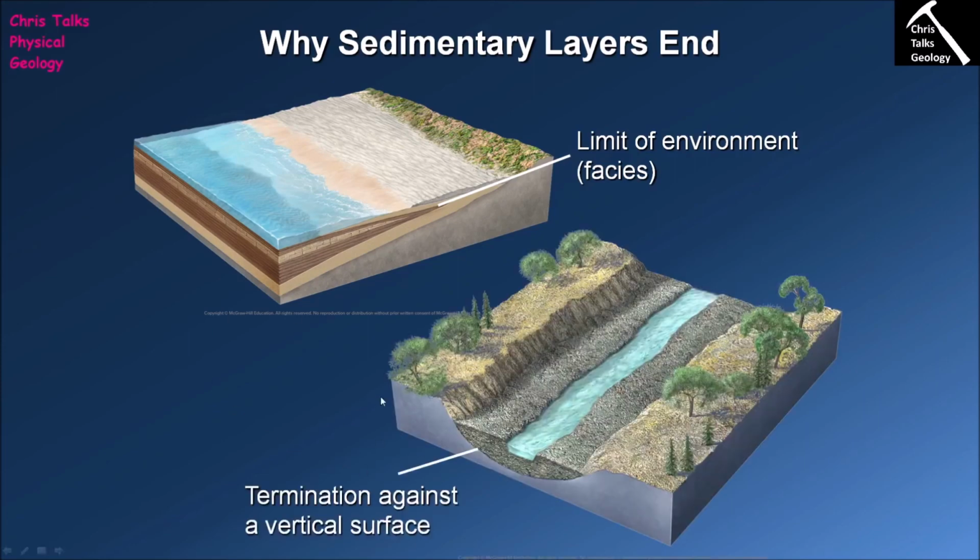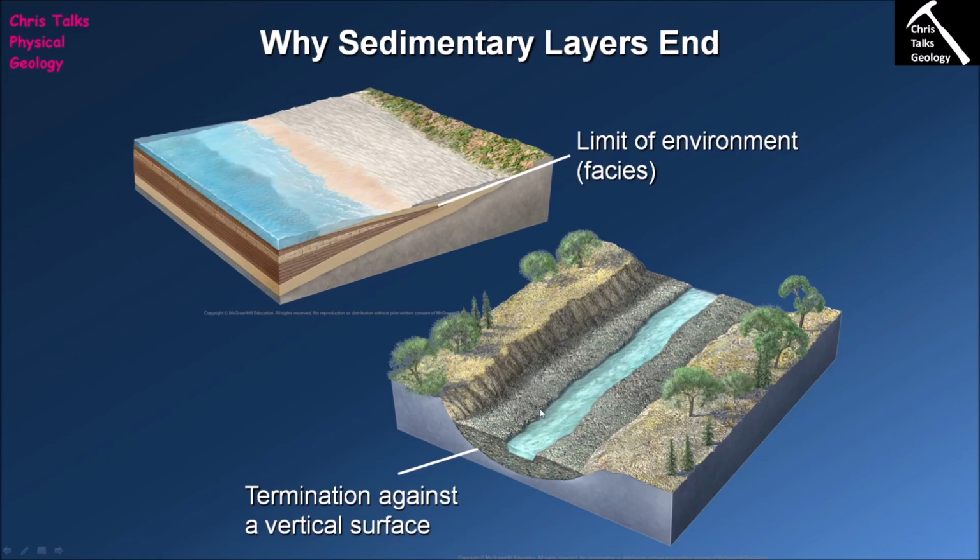Now, the other option about why a layer of sedimentary rock terminates is that it comes up against some kind of vertical surface, which means it can't go any further. In this case, we have ourselves a river, and we can see that we have a river valley. Either side of it, you can see that we have a terrace, essentially a river valley cliff, and then we have the sediment which is being deposited on the floodplain, which is here in grey.